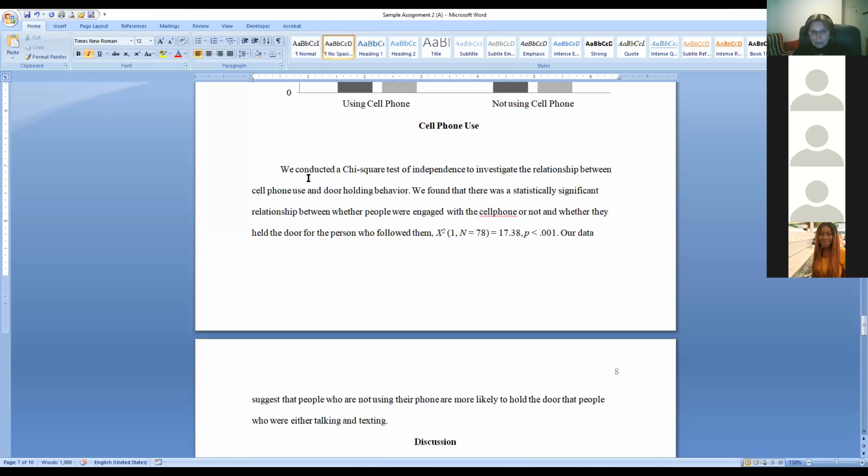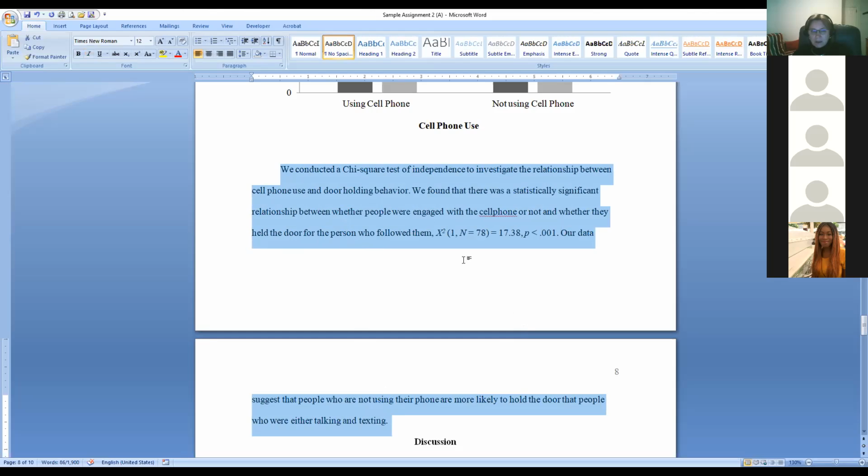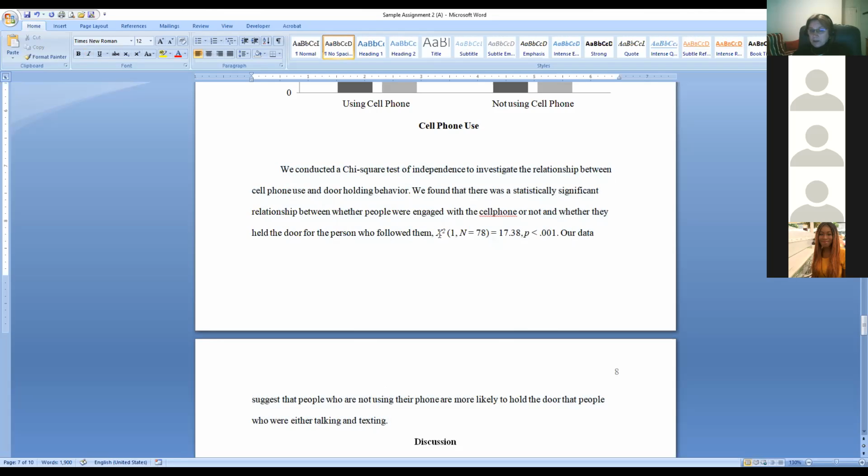Well, the final little paragraph, as you can see, so keep looking at your stuff, is our non-parametric statistics. We conducted a chi-square test of independence to investigate the relationship between the predictor variable and the response variable. We found that there was a statistically significant relationship. Here comes our chi-square statement. Of course, your numbers will be your numbers. And you can only say that this is significant if your p-value, the way it was calculated by Excel, is less than 0.05.